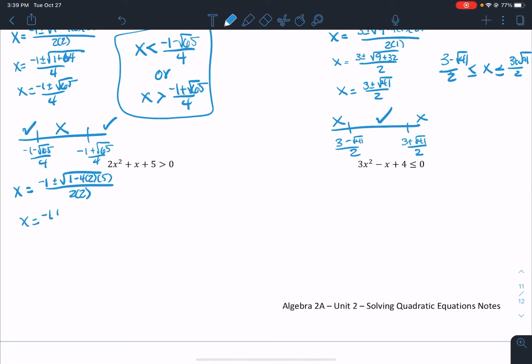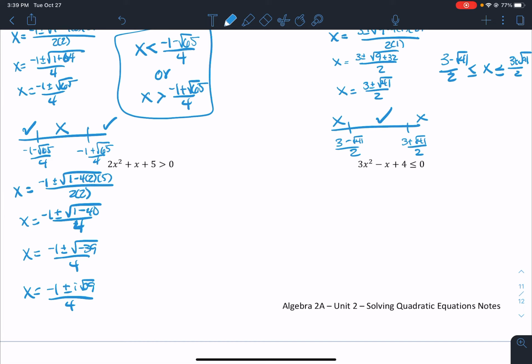X would equal negative 1 plus or minus the square root of 1 minus 40, over 4. X would equal negative 1 plus or minus the square root of negative 39 over 4. So x would equal negative 1 plus or minus i root 39 over 4. Now, we should split that up ideally.